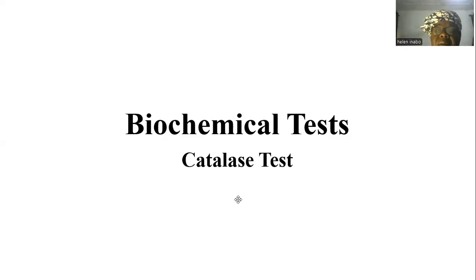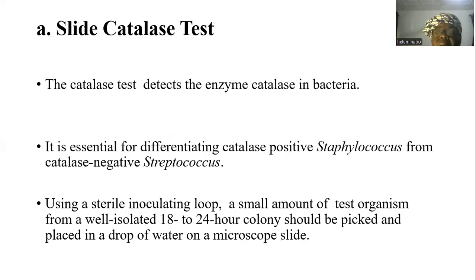The Catalase test is based on the principle that if catalase is present in a bacterial cell, or if it is produced by a bacterial cell in the presence of hydrogen peroxide, it will catalyze the breakdown of hydrogen peroxide into water and oxygen.